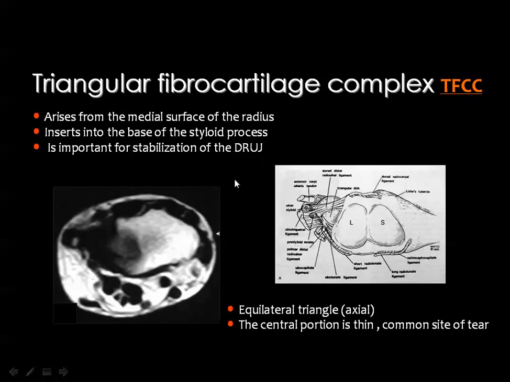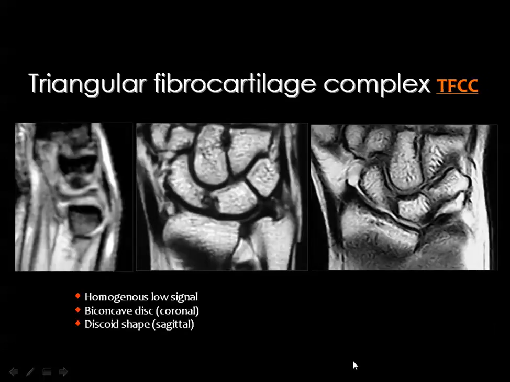So, if this triangular fibrocartilage is torn, you will get abnormal relation between the ulna and radius through the distal radioulnar joint. This is the appearance of the triangular fibrocartilage in the coronal image. And you see a disc-like structure of low signal in all pulse sequences.